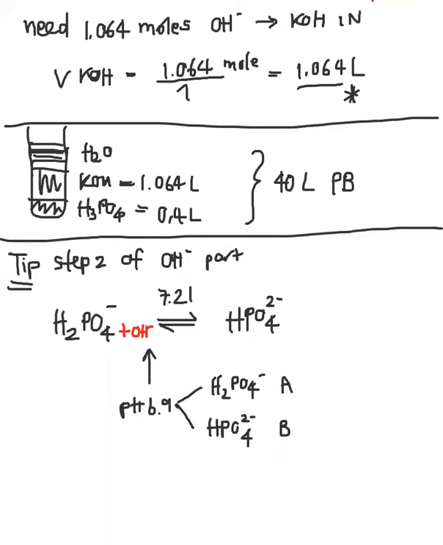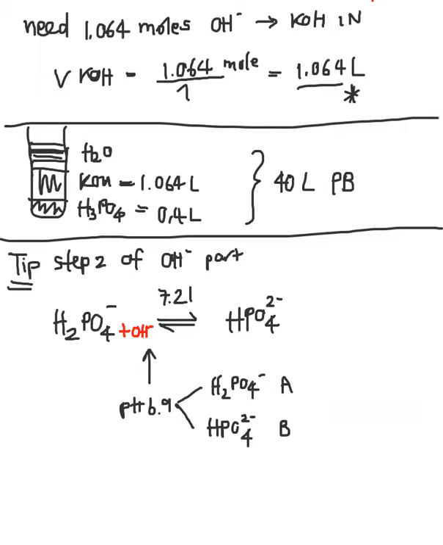I would like to explain more about the tip for step 2 of the hydroxide part. Some of you might ask how we would know which ratio to use, either A or B. So in this case, you change from H2PO4 minus to HPO4 2 minus, and you know that you need to use the hydroxide ion to change H2PO4 minus to HPO4 2 minus.